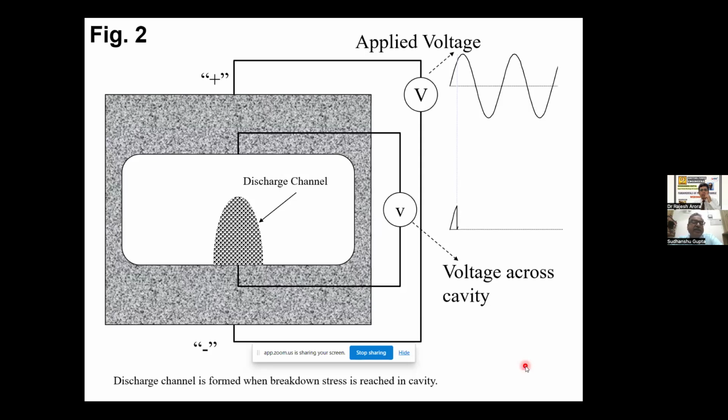Discharge channel means it will start at a stress level. The stress will start in this insulation, and that depends totally upon the size of the void, and size, orientation, and many other factors involved in initiating the partial discharge. It's not that even a very tiny void can start a partial discharge activity. It may start, but it may not be dangerous. And that is the reason we have partial discharge.